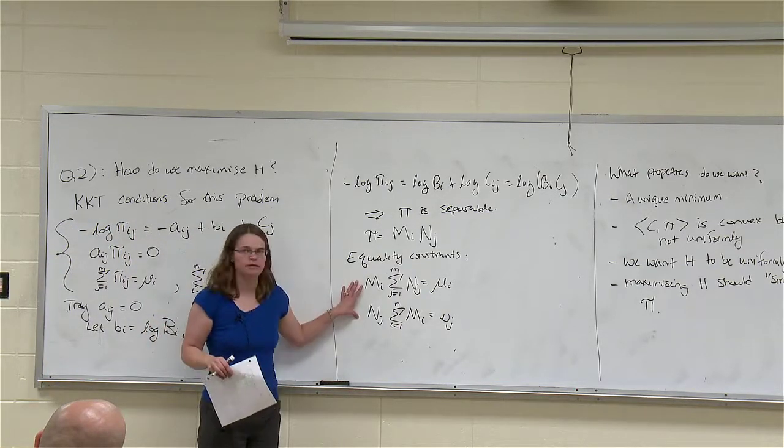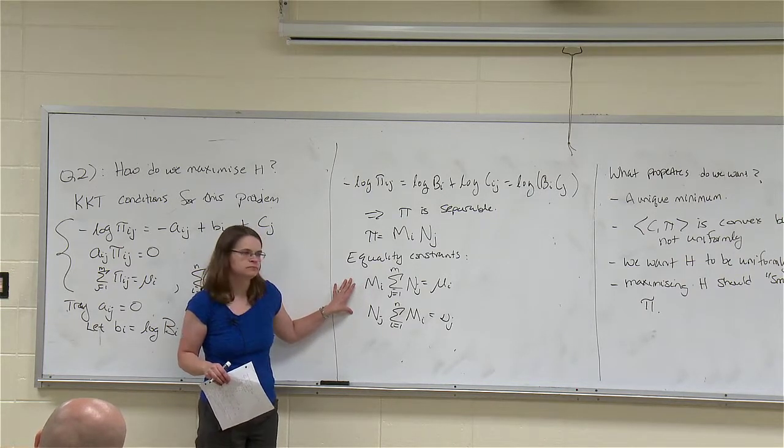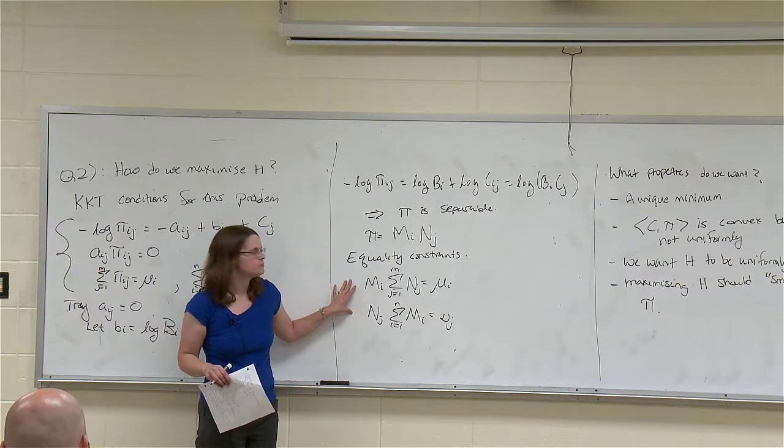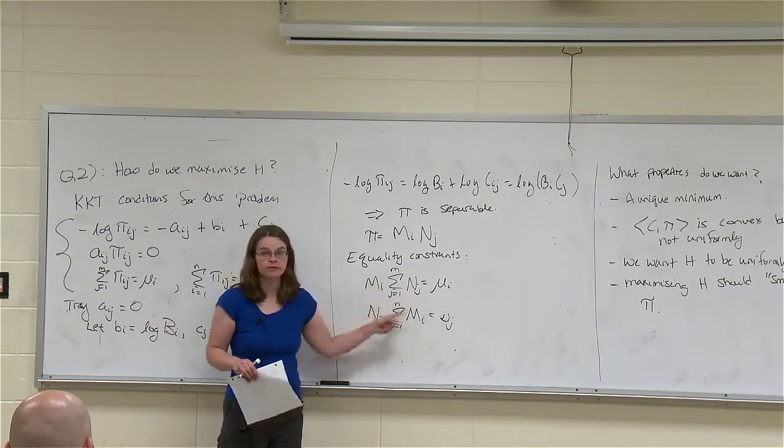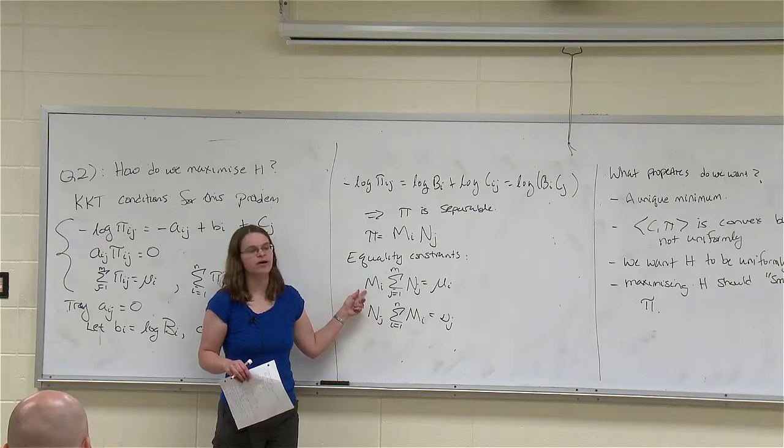Okay, so what should m and n be? What's that? So they should sum to 1, right? So then what is m? m is mu i, exactly.